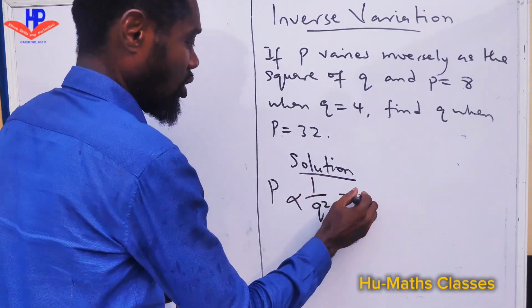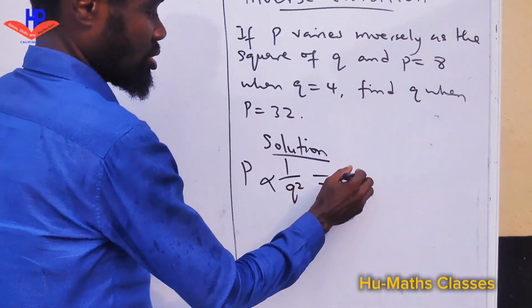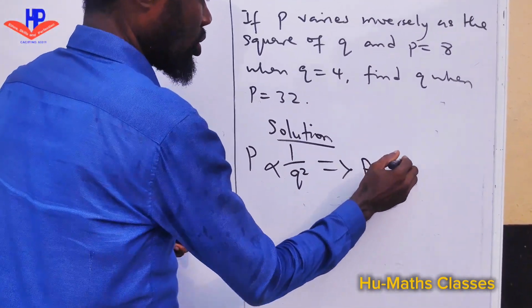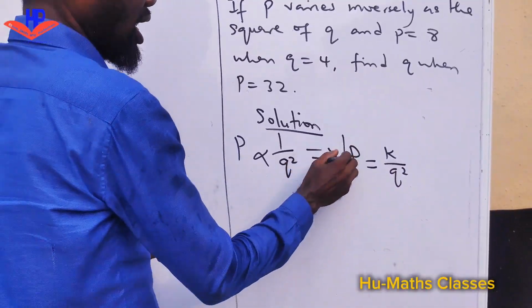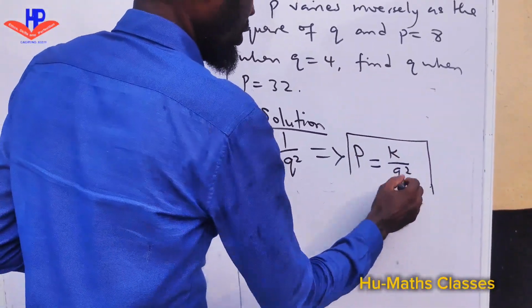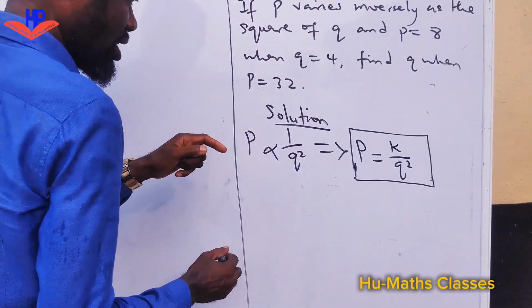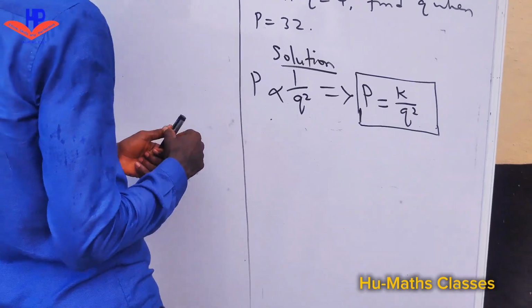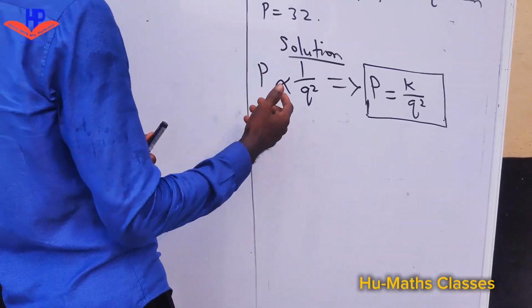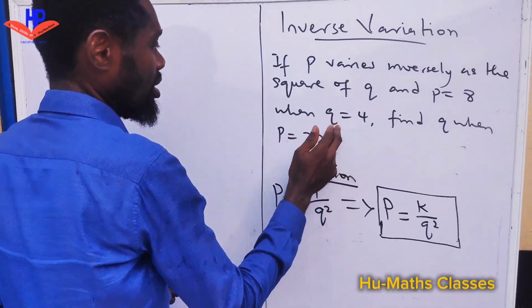So we want to introduce a constant of proportionality. I'm still using letter K. P will be equal to K all over Q raised to power 2. This formula shows the relation between P and Q. But we need to make K the subject of the relation to help us find the value of K, since P was given to be 8 and Q was given to be 4.